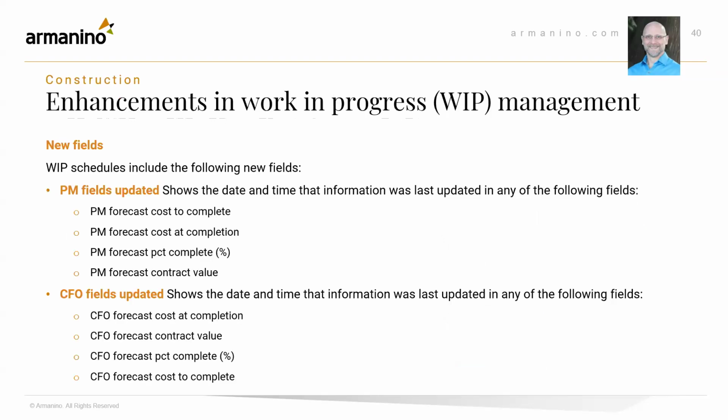And then WIP management, the WIP management tool that came out a little bit ago to general availability. They've basically just changed the names of a whole bunch of fields and added a few new fields as well. PM forecast cost to completion, PM forecast cost at completion, PM forecast percent complete, PM forecast contract value, and then they updated a few fields as well.